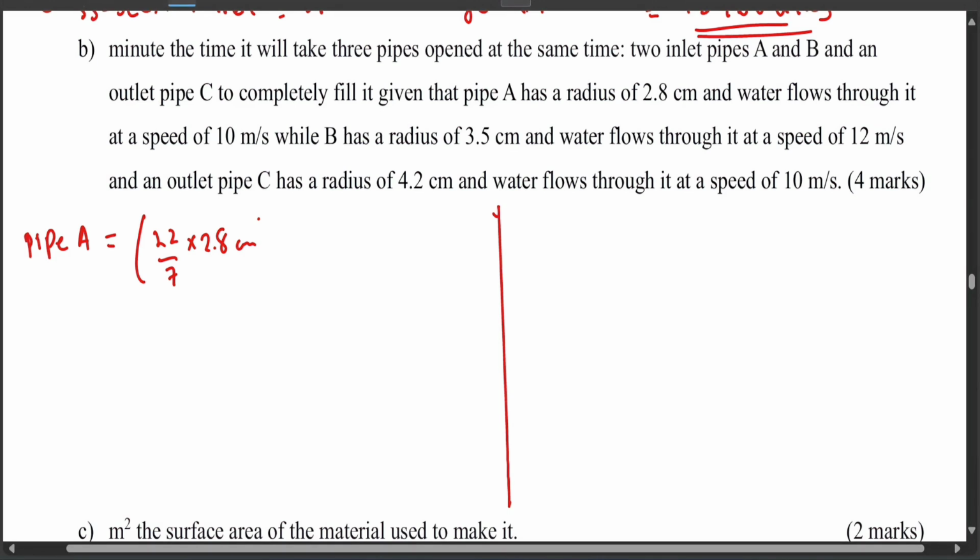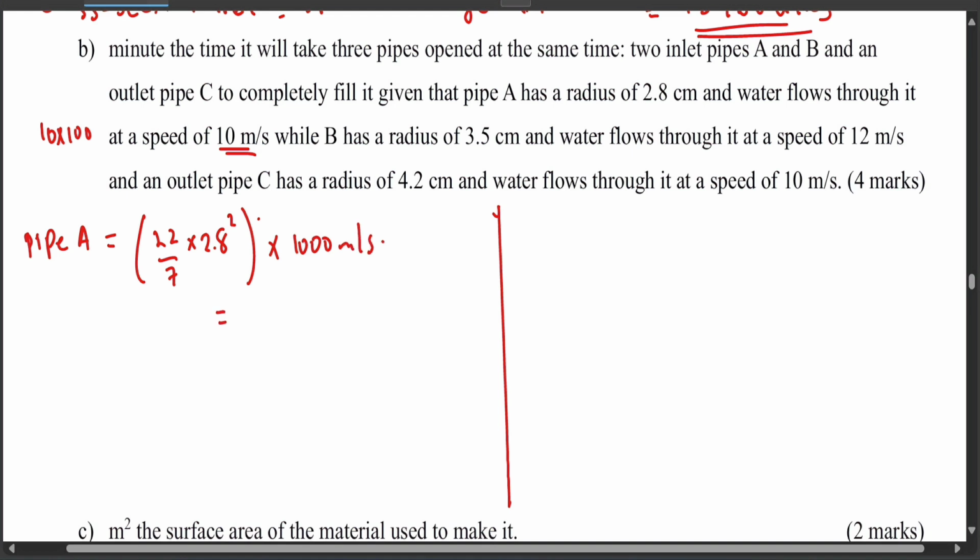Then multiply by 10 meters per second, but now we want to change the 10 meters into centimeters. You take 10 times 100. For 1 meter you have 100 centimeters, so 10 times 100 gives you 1,000 centimeters per second.